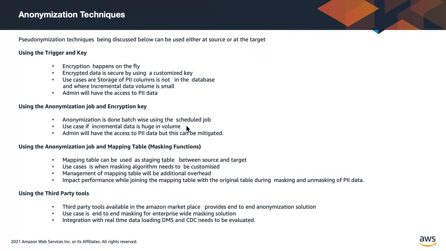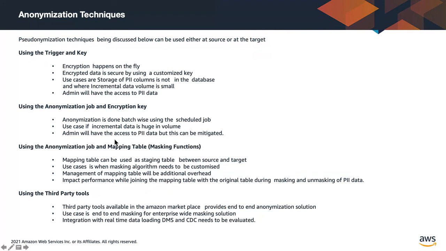We'll look into the diagram later, then you can correlate it better. Here we are not directly copying the data into the target tables; rather, we are copying it into a staging table, then running the job, converting it to the anonymized value, and then putting it where users consume the data.